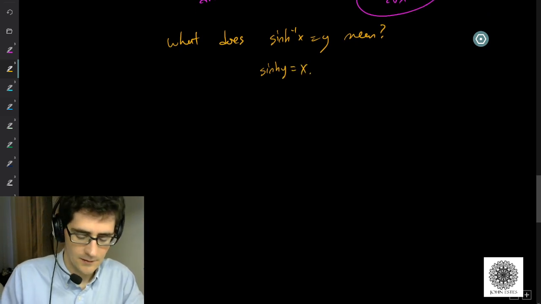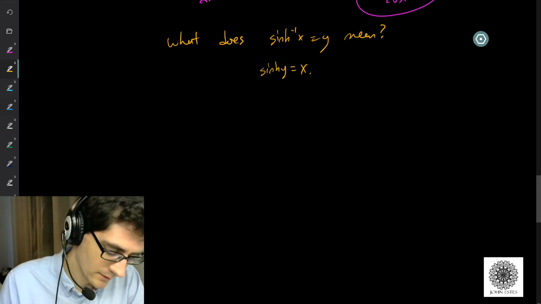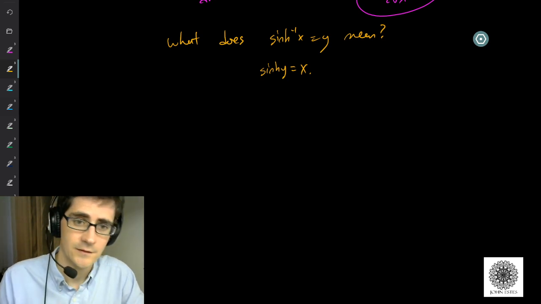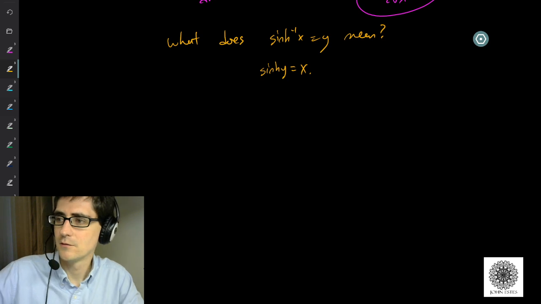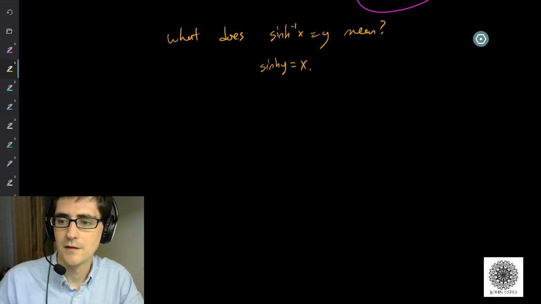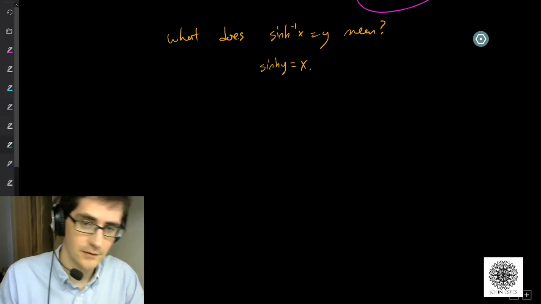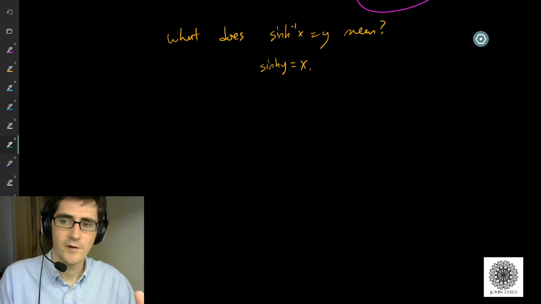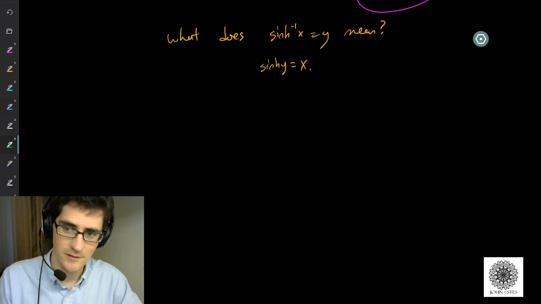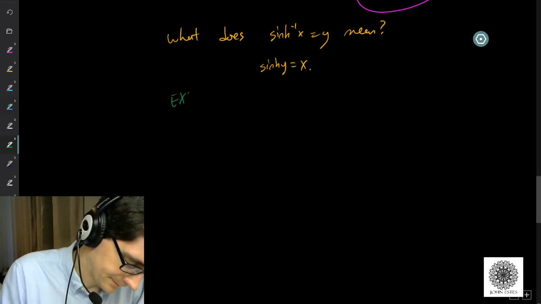Now, the funny thing is, don't you remember that sinh is defined using exponentials? So if I'm doing the inverse function of this, let me do example 3 and I'll kind of lead to where I'm going. We're going to end up with logarithms because the inverse of exponentials is logarithms. So this is example 3.